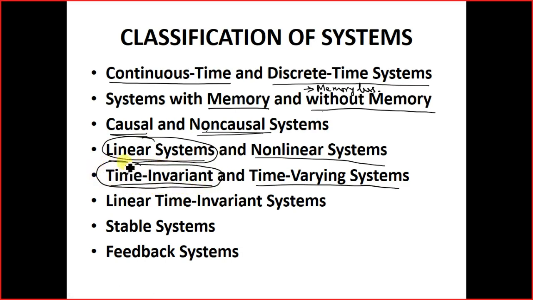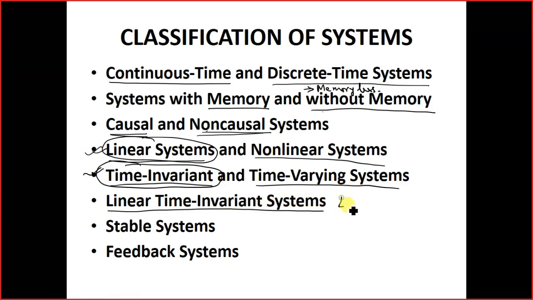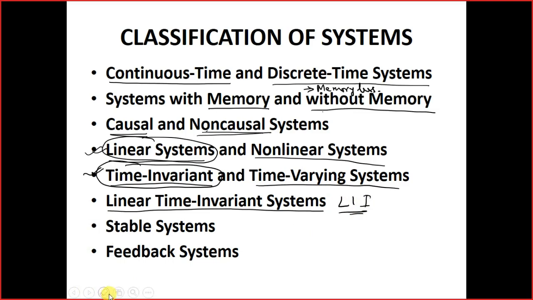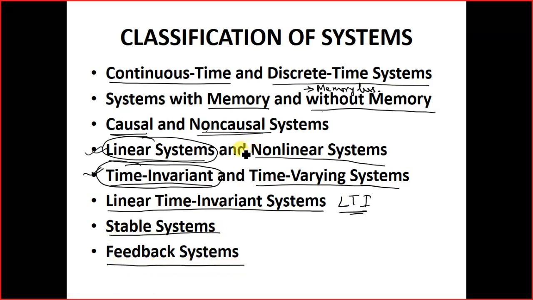The systems which follow both the linearity and the time invariance are regarded as linear time invariant systems. In short, we call these systems LTI systems. Then we have stable systems, and lastly the feedback systems.